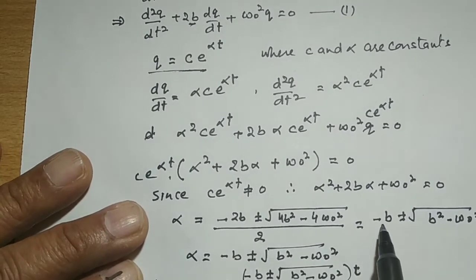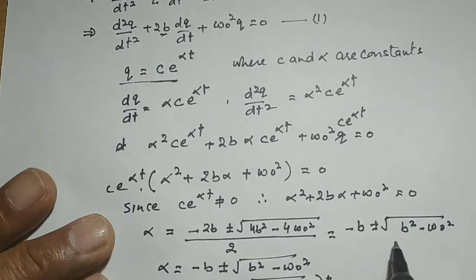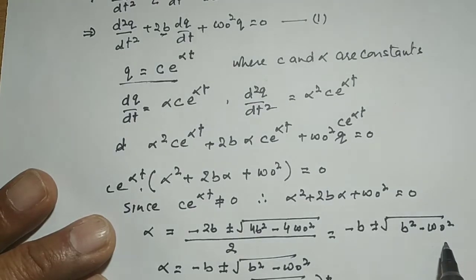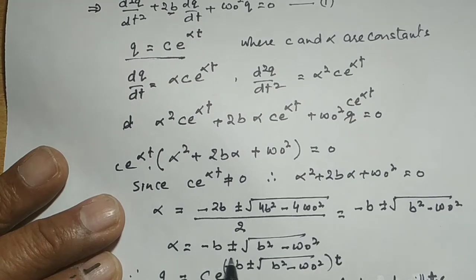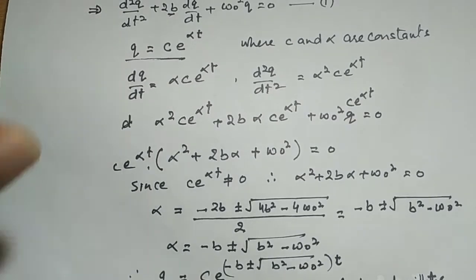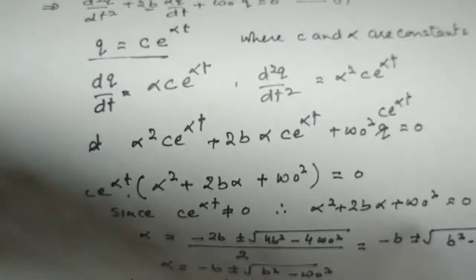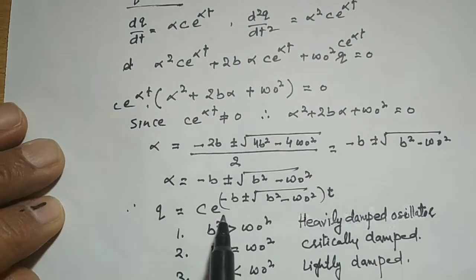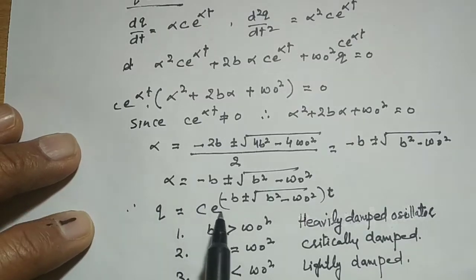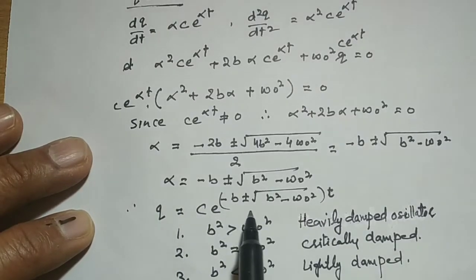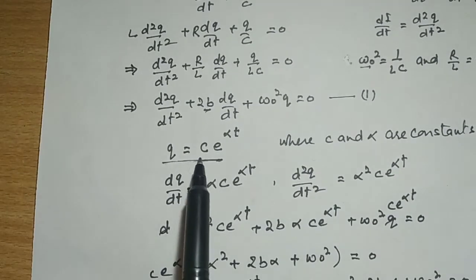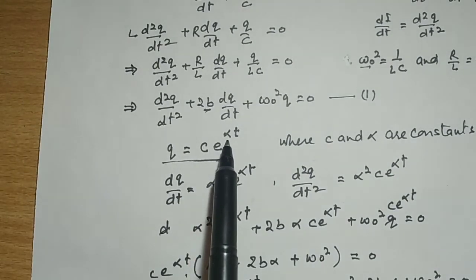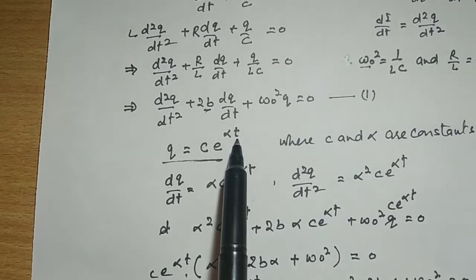We get the result: alpha comes out to be minus b plus minus the square root of b square minus omega naught square. Now this alpha we have to put in the assumed solution, so let us substitute it and multiply with t.